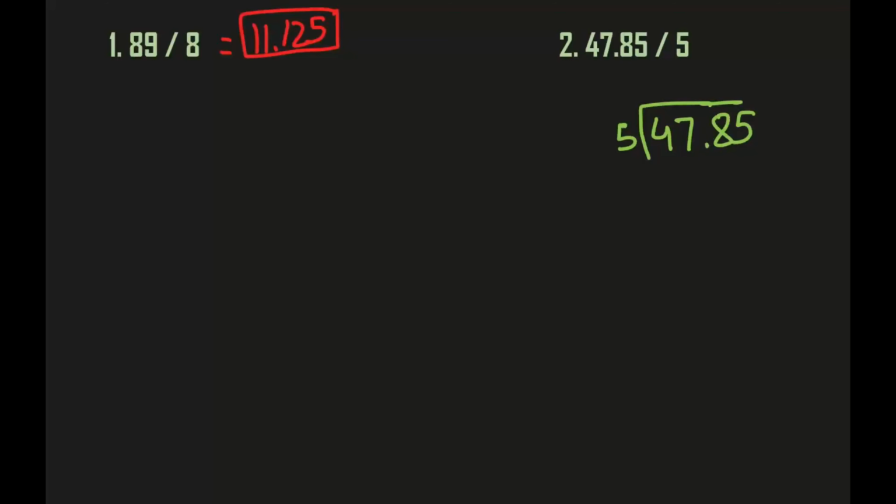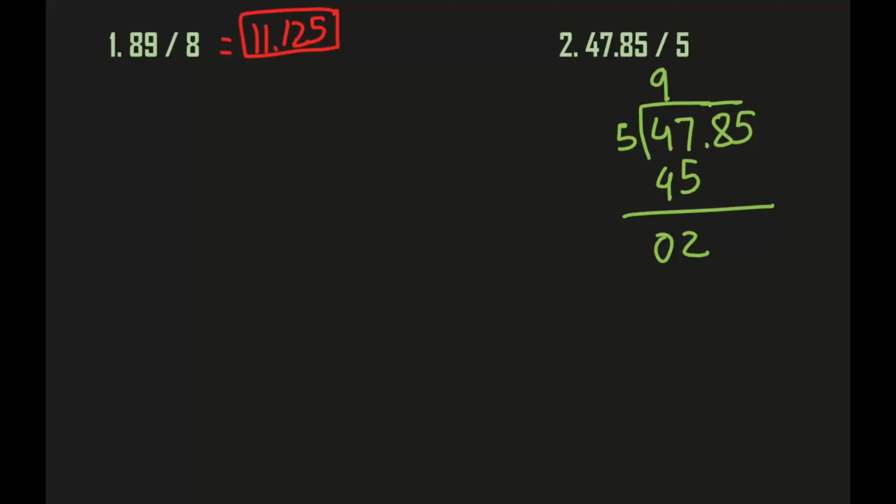So we can't fit 5 into 4, so we'll do 47. 5 times 9 equals 45. So 7 minus 5 equals 2. 4 minus 4 equals 0.